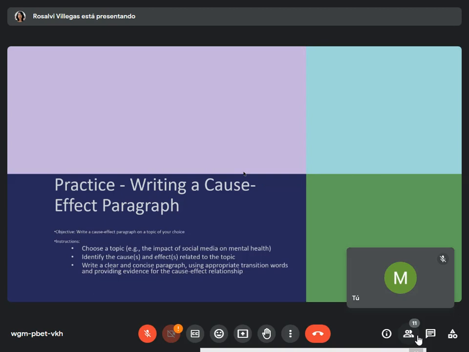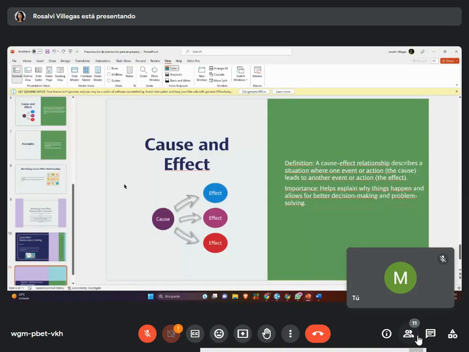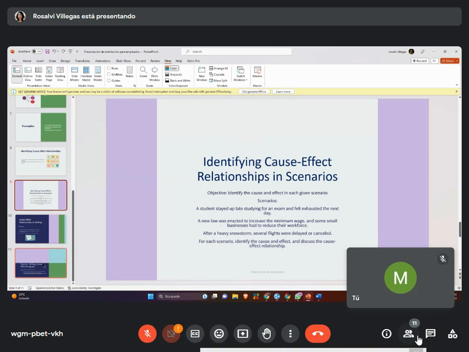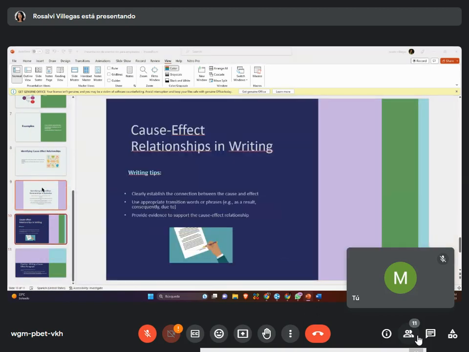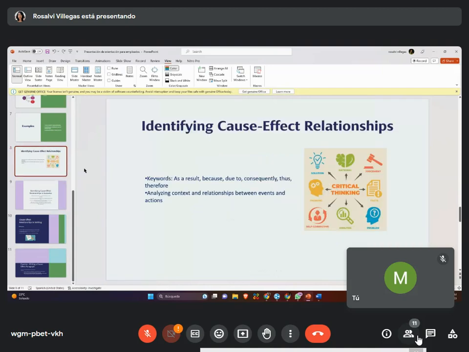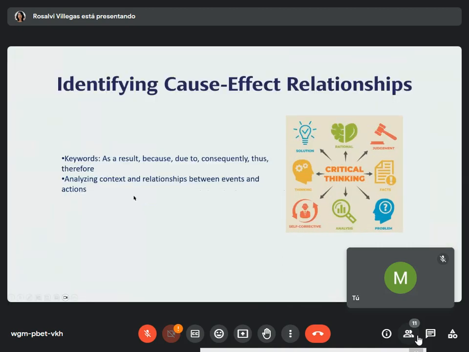Just write a clear and concise paragraph using the appropriate transition words and providing evidence for the cause and effect relationship. Just to make it easier for you, here are the words that you can use: as a result, because, due to, consequently, thus, and therefore. So you have around 20 minutes to create this paragraph, and then just share it with the class.